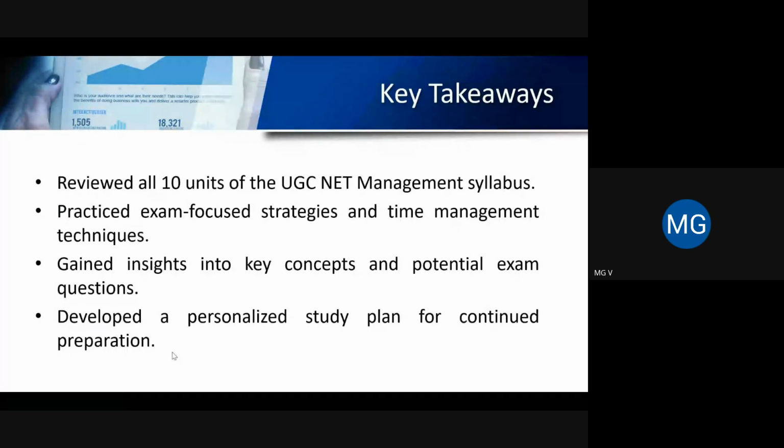Make it a habit. And this is going to pay back in a very amazing way in the long run. Try to be before time, never after. Make it a habit. Gain insights into key concepts and potential exam questions. Develop a personalized study plan for continued preparation.